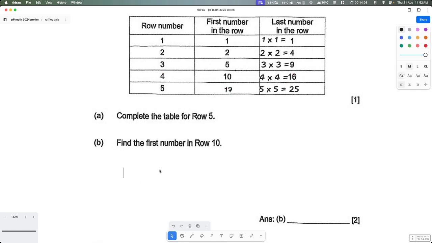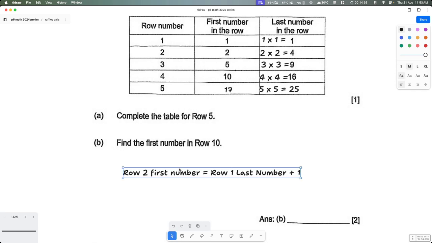For example, row 2's first number is equal to row 1's last number plus 1.